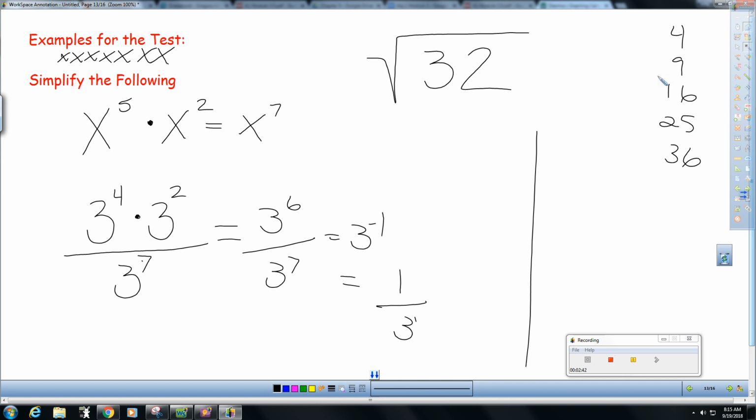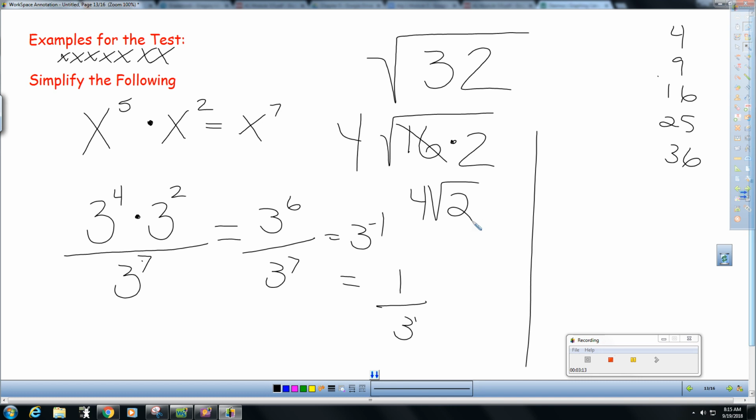See, the math numbers really help. So I would call this the square root of 16 times what? Times 2. Very good, Peyton. Is that what you said? And what is the square root of 16? It's 4. So you can bring that out, and you get 4 radical 2.